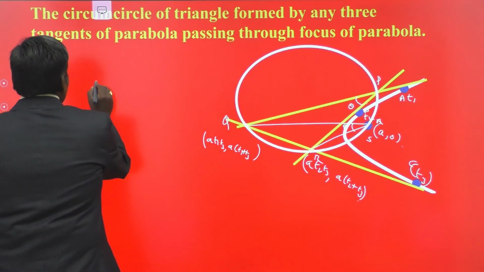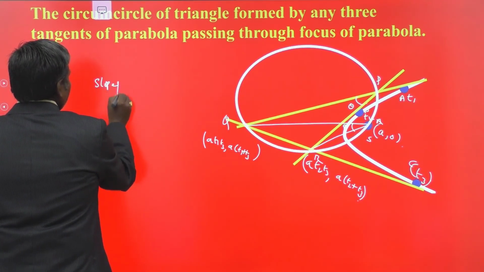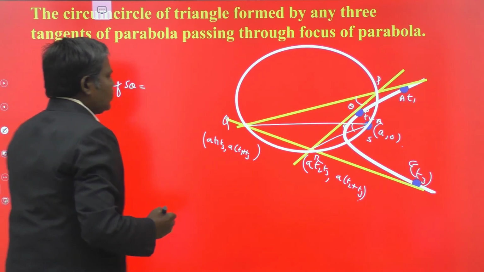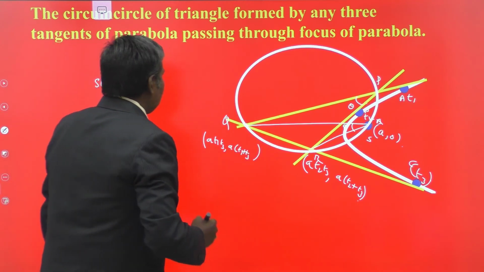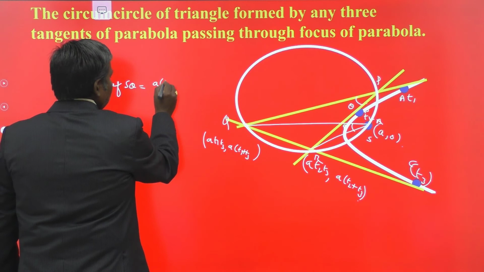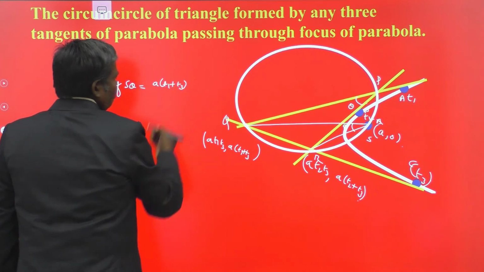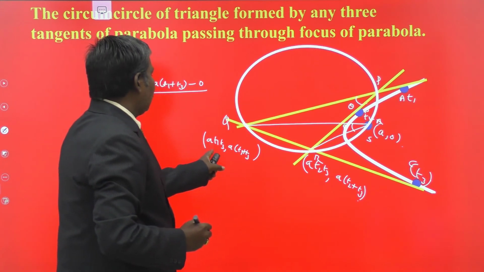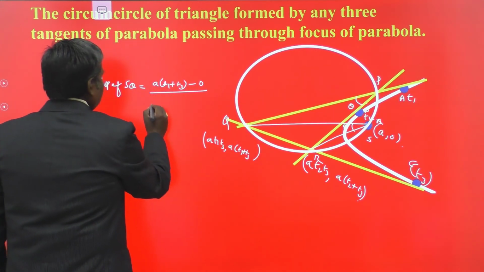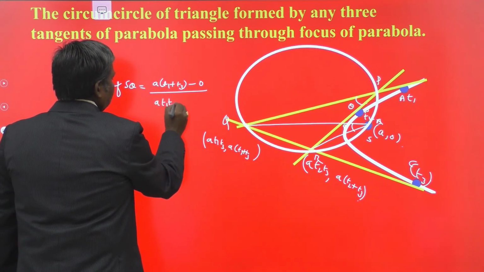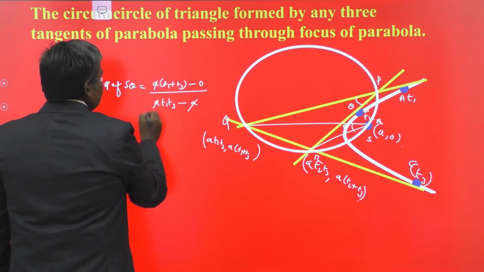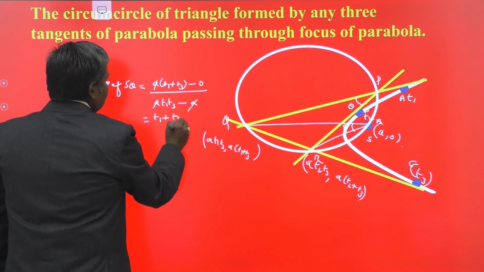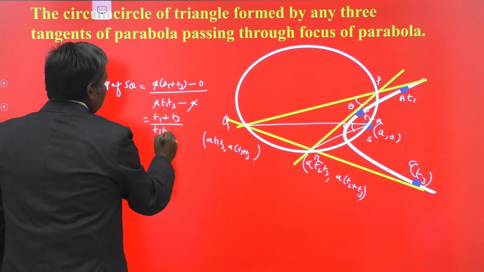Slope of SQ is nothing but A into T1 plus T3 minus 0 whole divided by A T1 T3 minus A. Cancel. T1 plus T3 by T1 T3 minus 1.